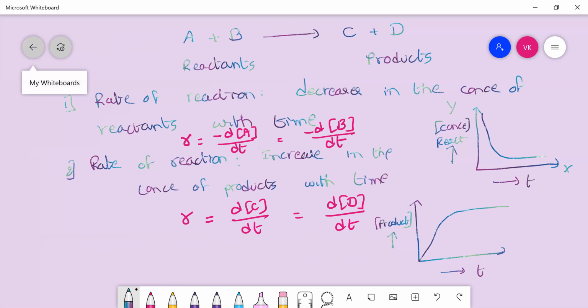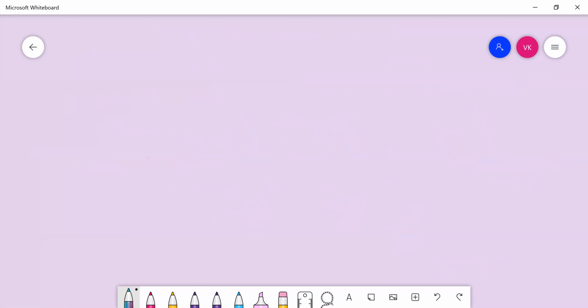And let's take one more general reaction to express where we have the number of moles. Here I didn't take any number of moles. One more third case I'm explaining here.